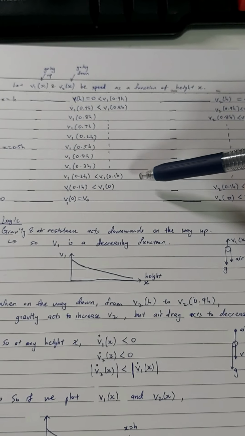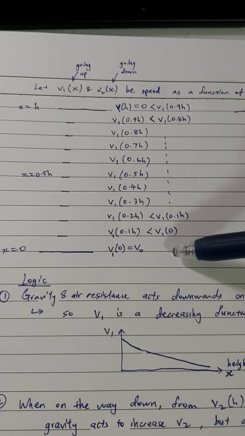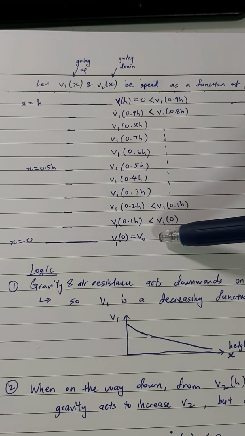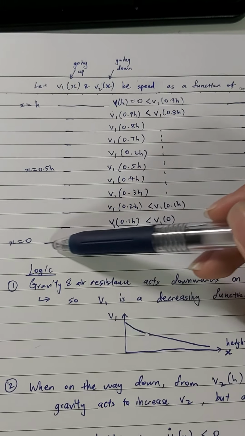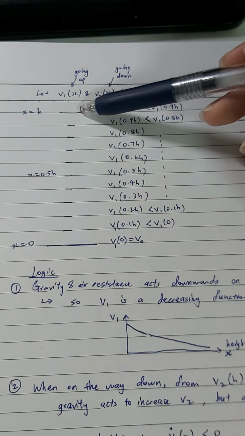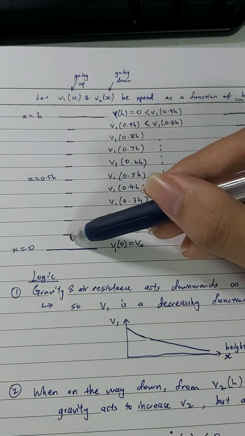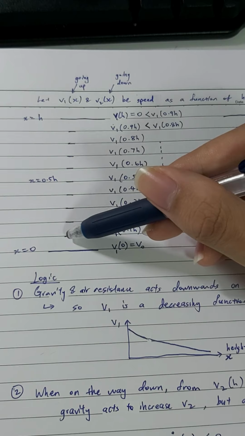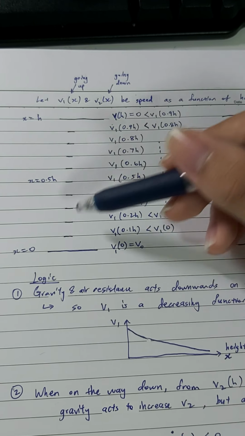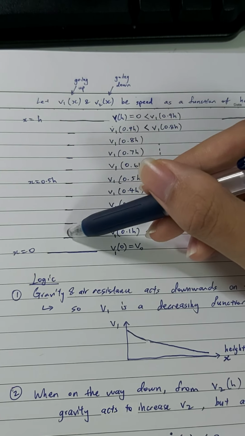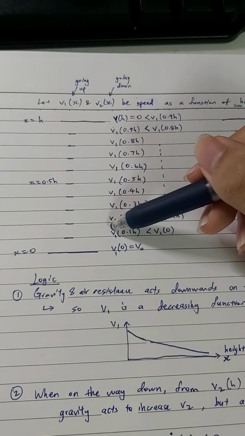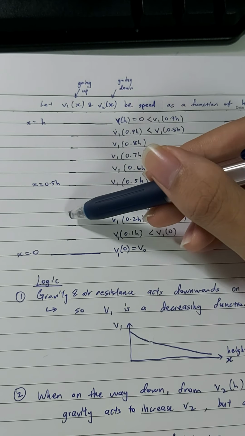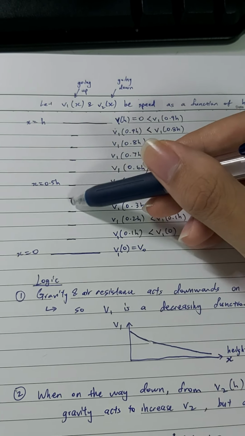I hope you agree that the time taken to traverse from x equals 0 height to x equals h height is equal to this distance, 0.1h, divided by the average velocity here, plus another 0.1h divided by the average velocity here, plus another 0.1h divided by the average velocity here, and so on.